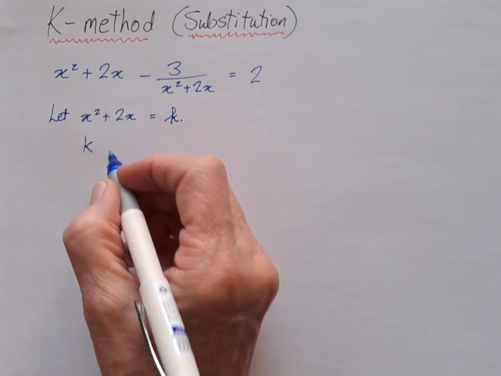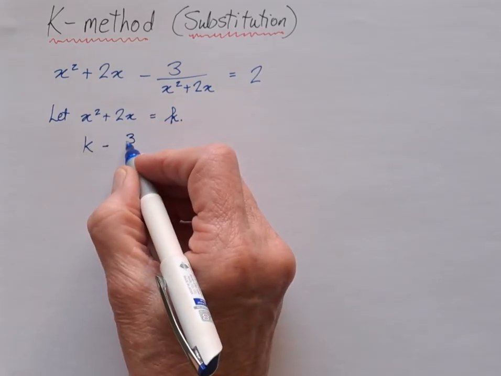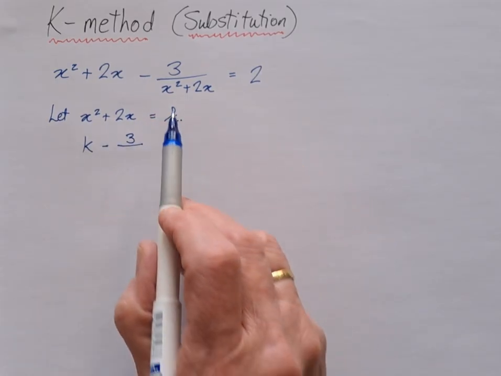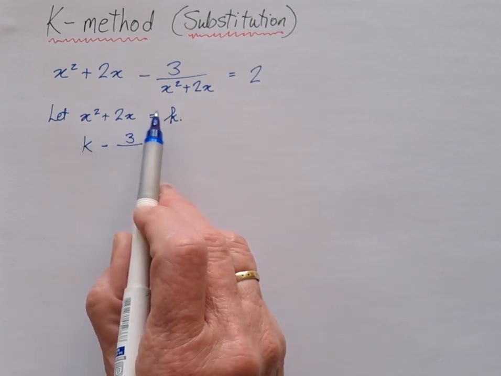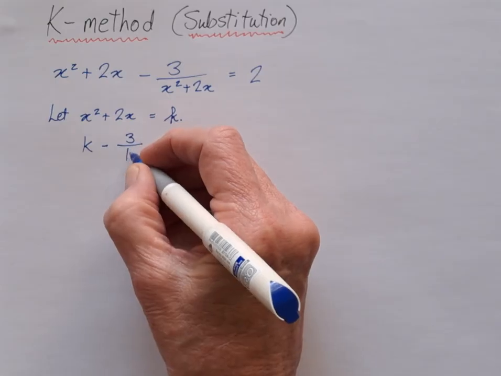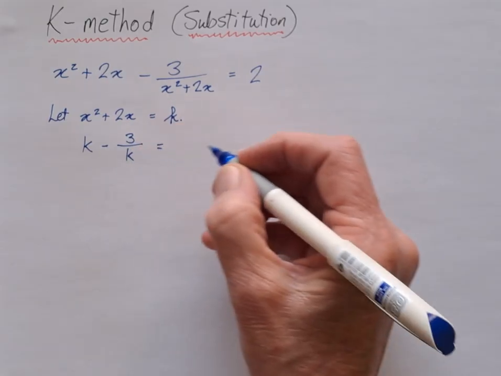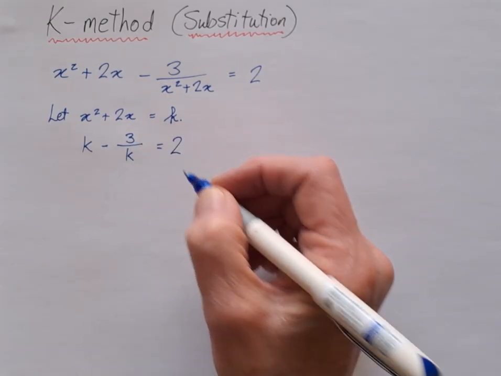Then I've got minus 3 in the numerator. And then if I look at my denominator, x squared plus 2x, it's exactly that. So in its place, I'm going to write K. And then I end off with what I've got, equals 2.